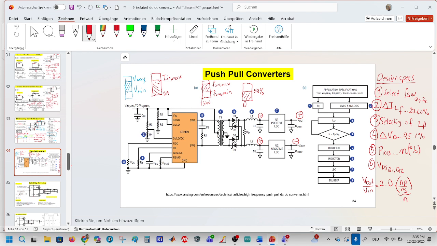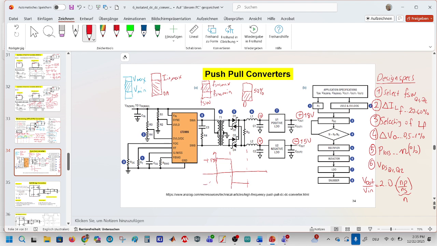If you want to use a DC-DC converter which has a huge maximum voltage, because let's say we have 18 volts for our gate driver and, let's say, minus 15 volts, we will use these voltages for our gate driver.